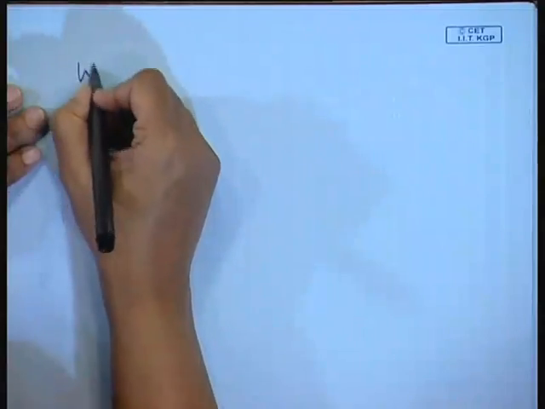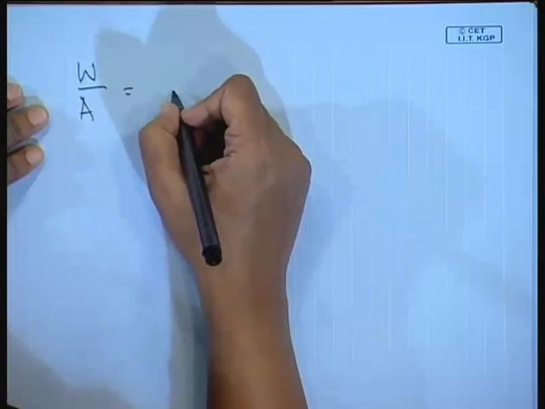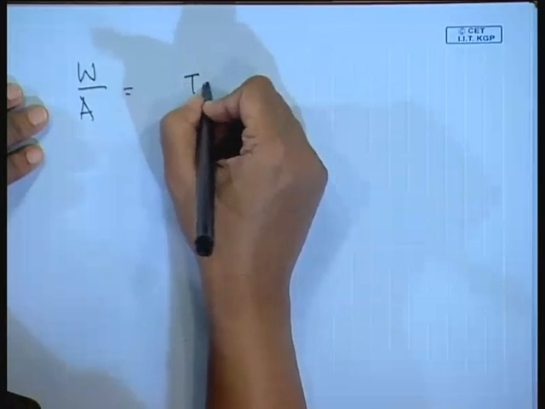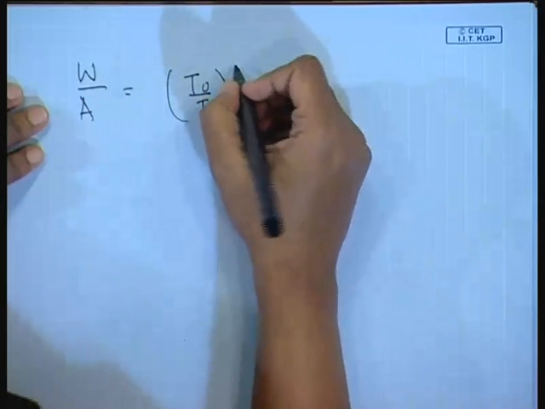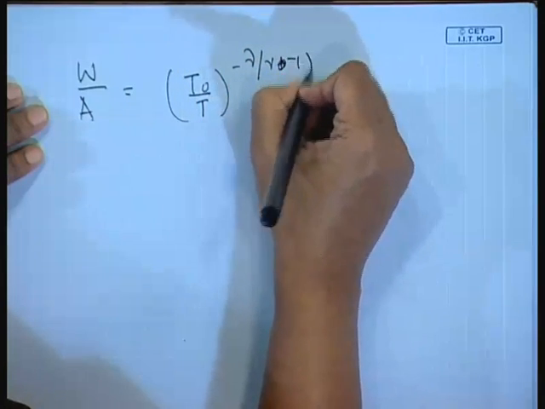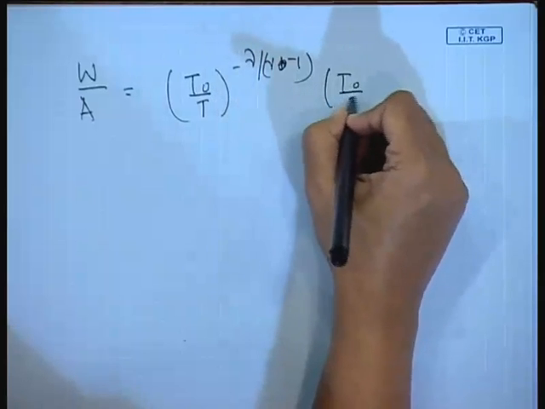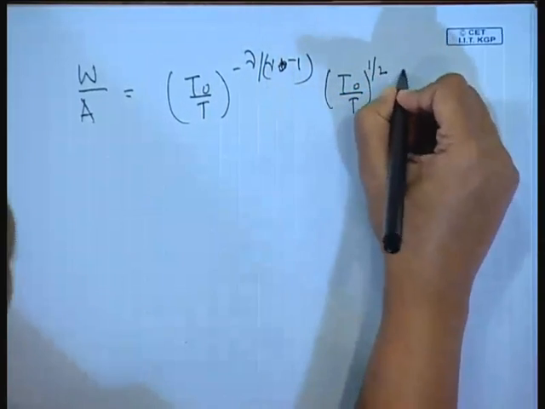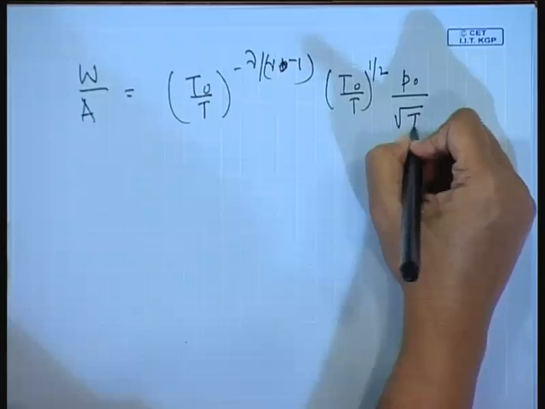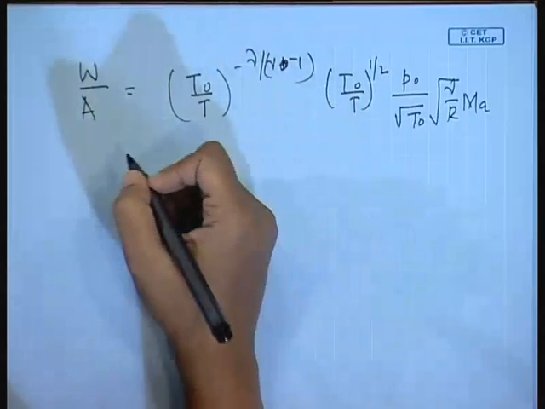We get W by A equal to, in that particular case, T0 by T. Instead of P0 by P I am writing gamma by gamma minus 1, and T0 by T whole to the power half, P0 by root over T0, root gamma by R into MA.